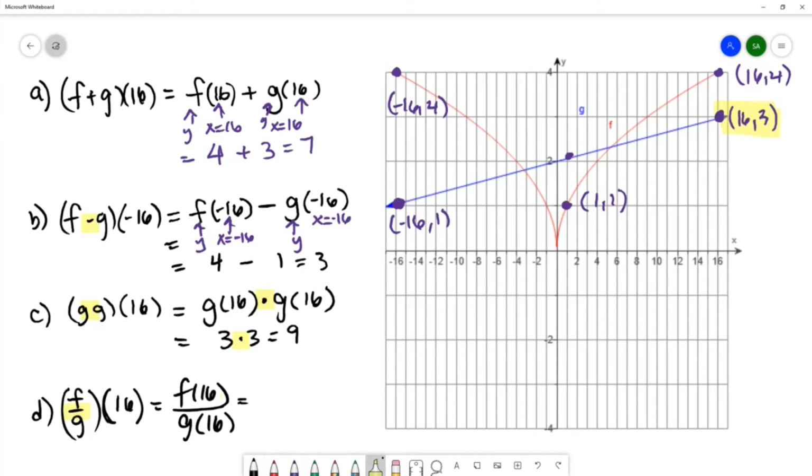And we've already found f of 16 to be 4 and g of 16 to be 3. When we divide those, we get 4/3. So f divided by g of 16 is 4/3.